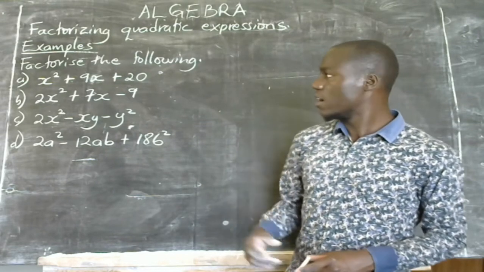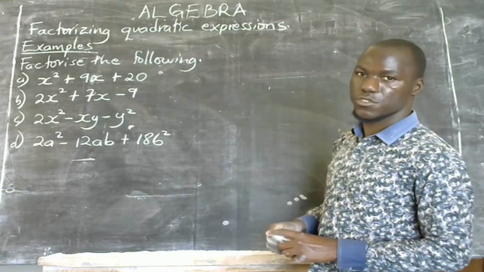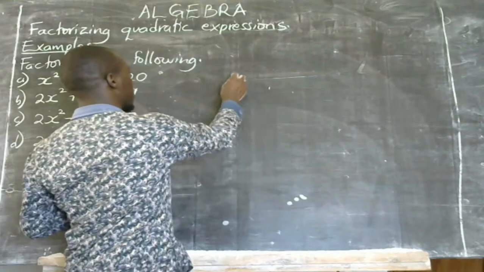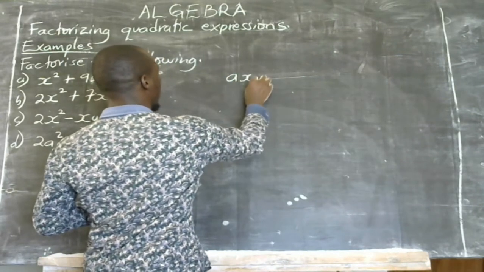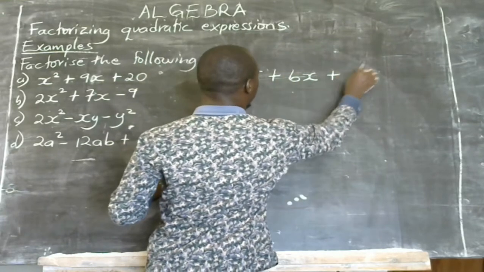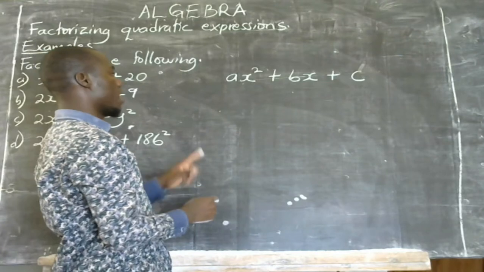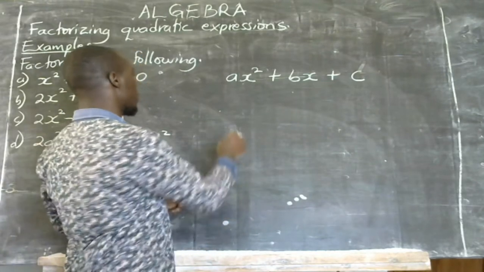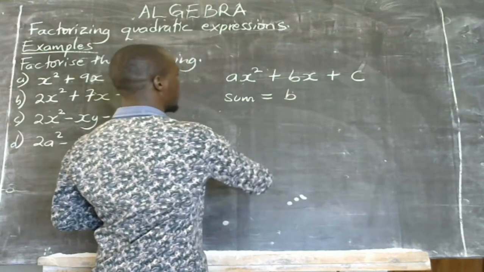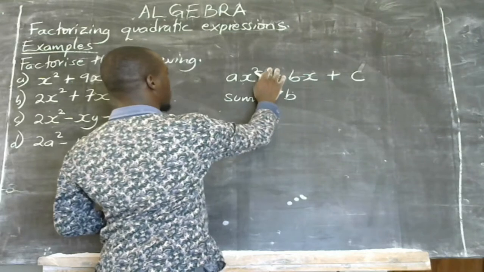So I have there another bunch of examples, and here we are going to use the sum and the product. The general quadratic expression is in the form ax squared plus bx then plus c. So here at O level, we are going to take the sum as the b, that is the positive b, we go with the sign which is there.